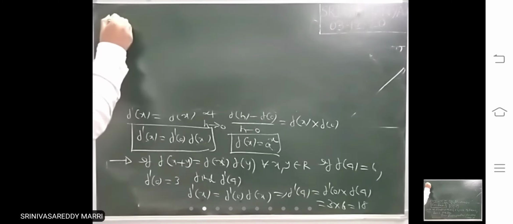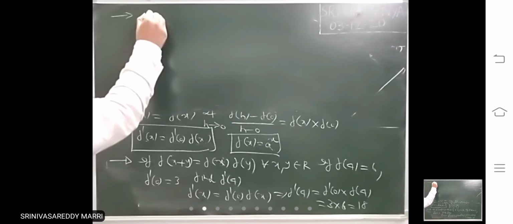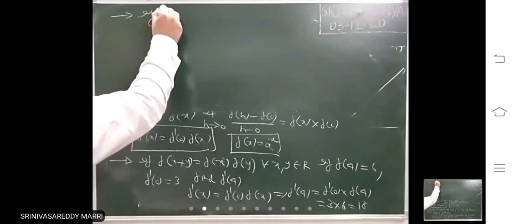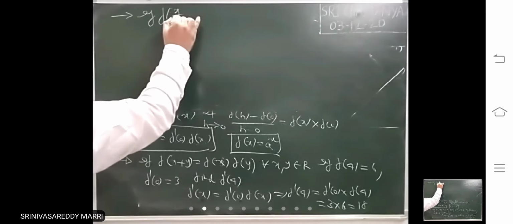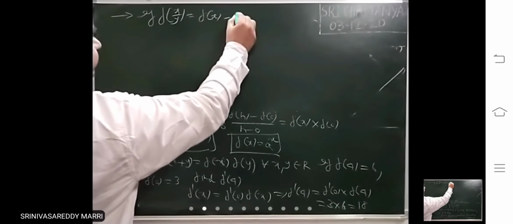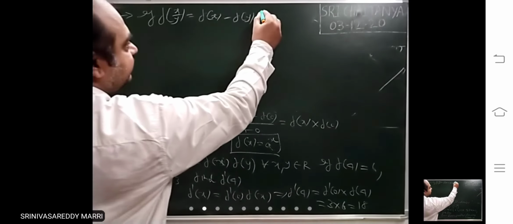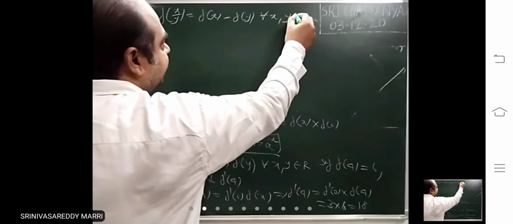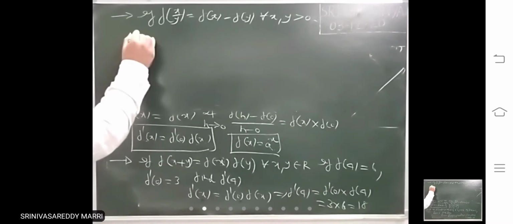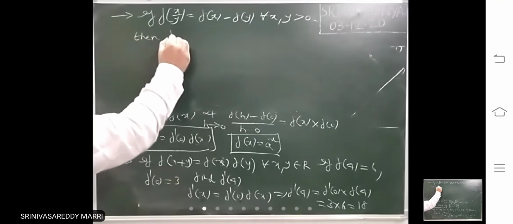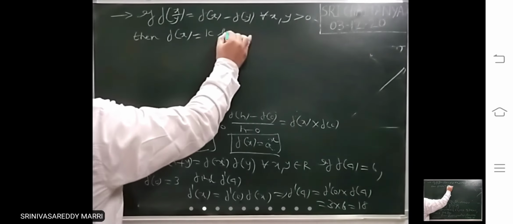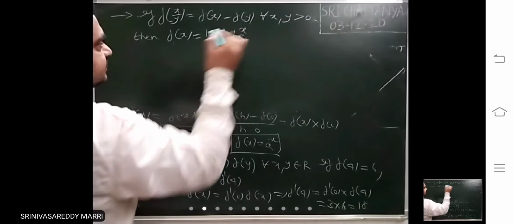Okay. Next formula is, suppose it is given like this: if f of x by y equals f of x minus f of y for all x, y positive, then you remember this formula: k log x to the base c.